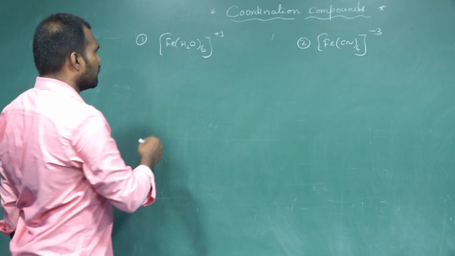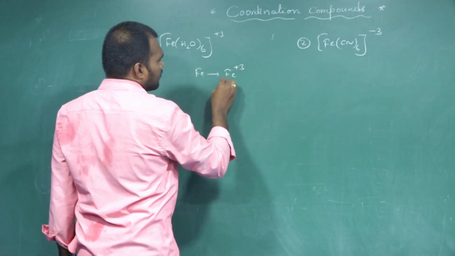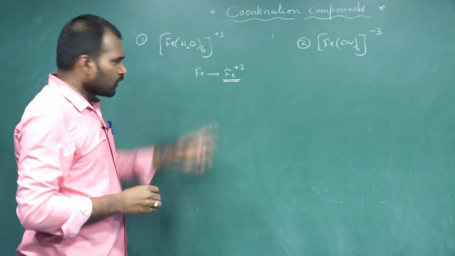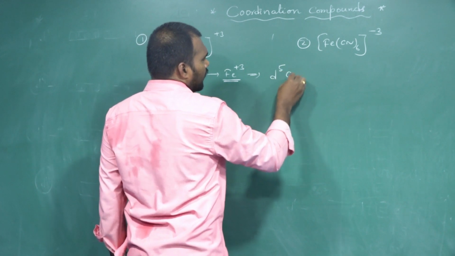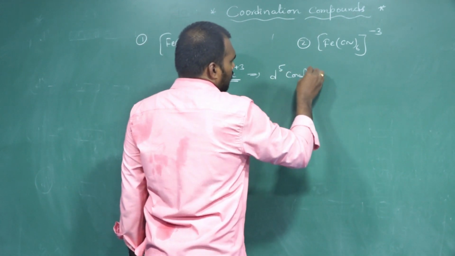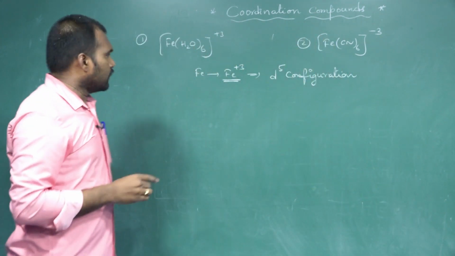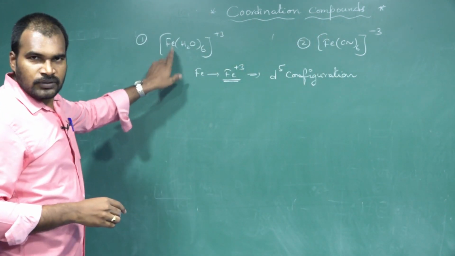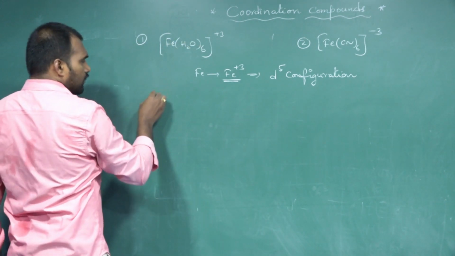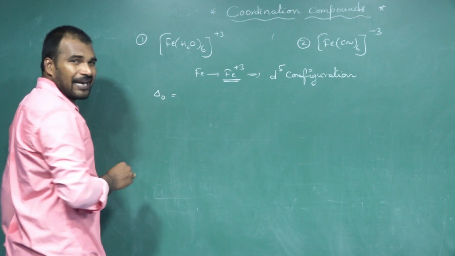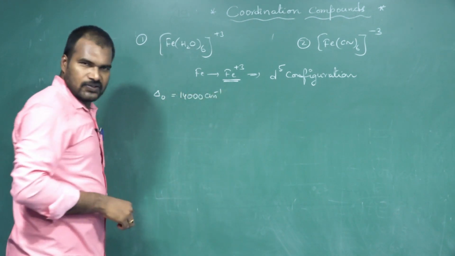In both complexes, iron is in the Fe+3 oxidation state. In Fe+3, iron has d5 configuration. In the hexa-aqua iron 3 complex, the crystal field splitting energy, that is the del O value, is nearly 14,000 cm inverse.